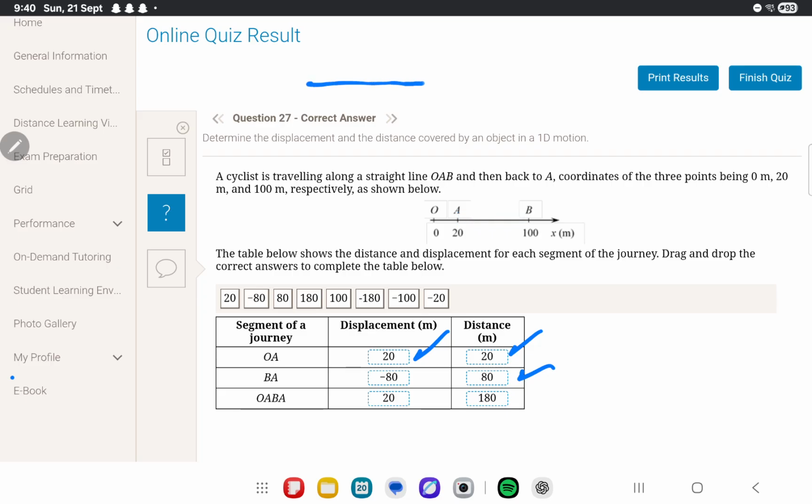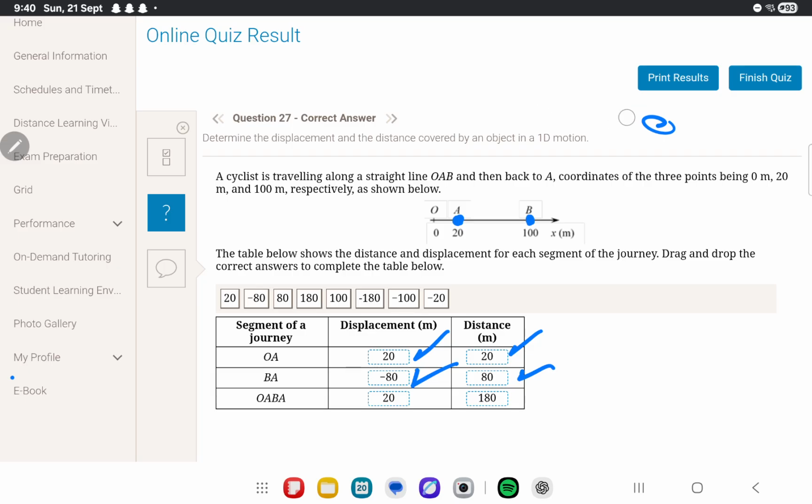When I say that in one dimension the displacement is equal to the distance, I mean the magnitude of the displacement is the same as the distance, not the direction. The direction is something else. Since it started off at 100 and ended at 20, 20 minus 100 is negative 80, and this indicates the direction. So it's negative 80 meters.